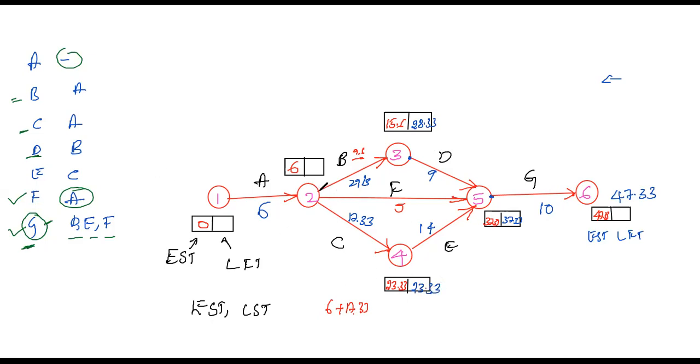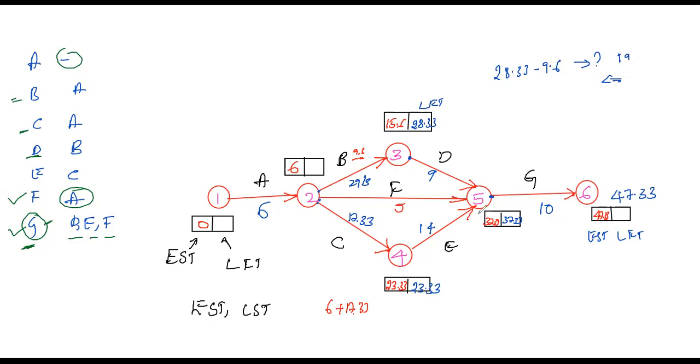Next, here we need to consider we have three tails. So here the value is 15.6, right? 28.33 is there left. So LFT minus 9.6, that is 28.33 minus 9.6. So one path only. What is the value you need to calculate? Around 19 something you will get.